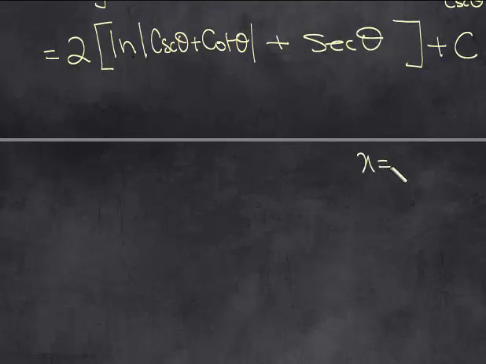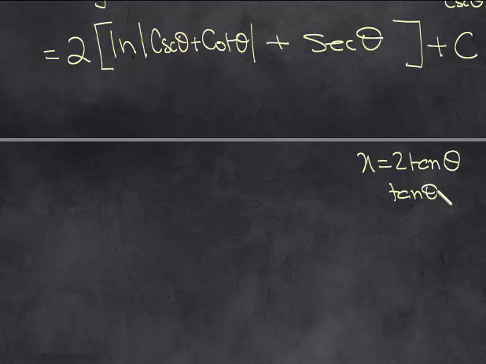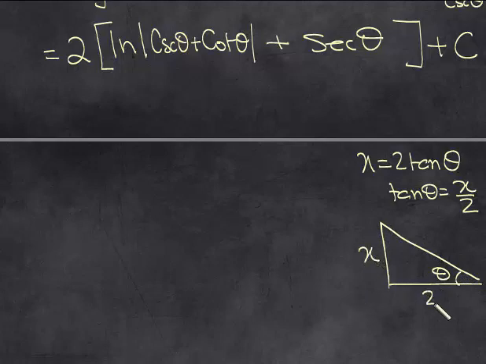So you can come out here and you can start pushing everything in. We get 2 ln of cosecant theta. What is cosecant theta? Hypotenuse over opposite. Okay, so what do we get? Cotangent would be what? Adjacent over opposite.